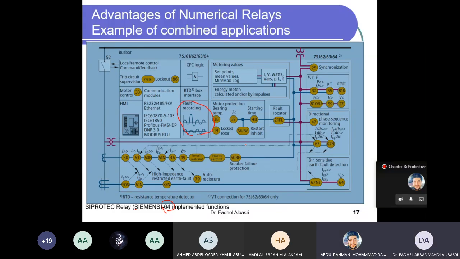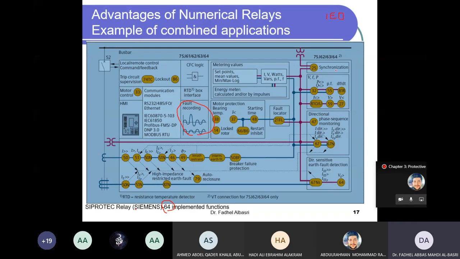Yes, the latest now is numerical relays. And now they call them IEDs instead of numerical relays. I means intelligent, E electronic, and D represents device: intelligent electronic device.